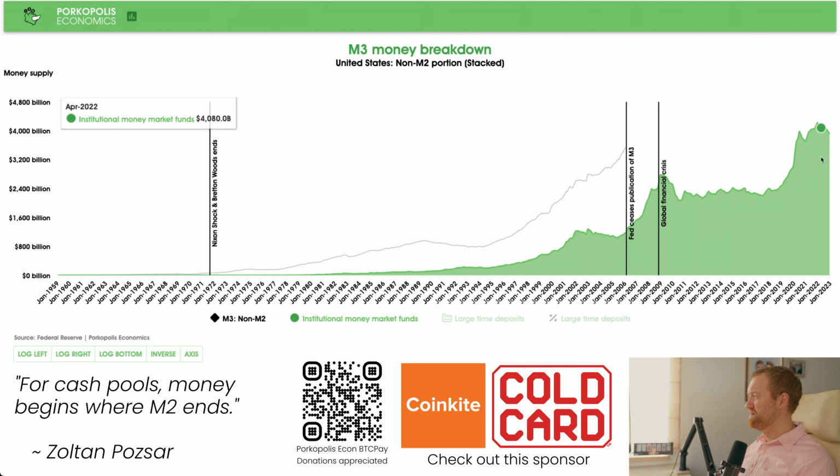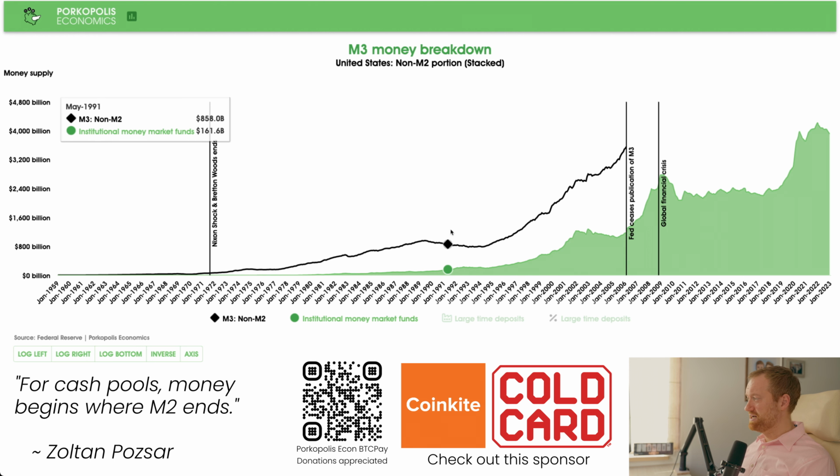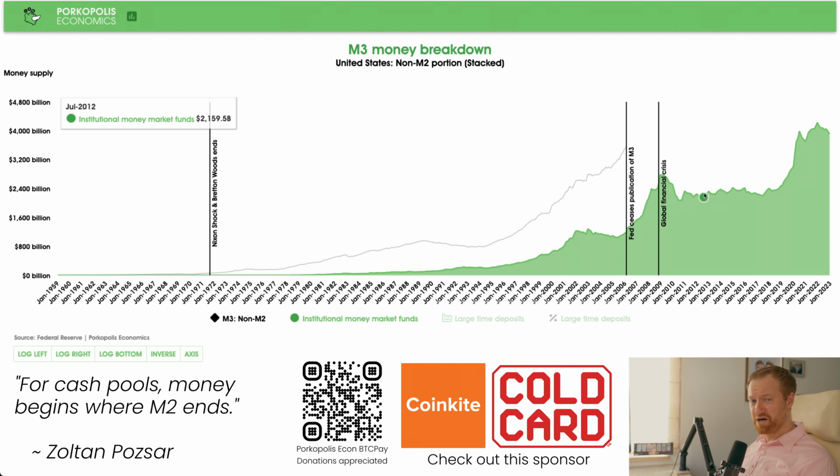It certainly isn't the case that institutional money tied up in a money market fund is not liquid. You can see that it bounces around accordingly, depending on the market. And we are at all-time highs here. So unlike large time deposits, when we had very low interest rate environments, we see a lot of cash that has arrived in the money market mutual fund industry.